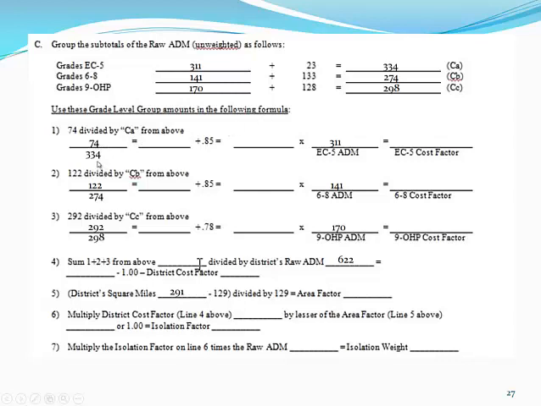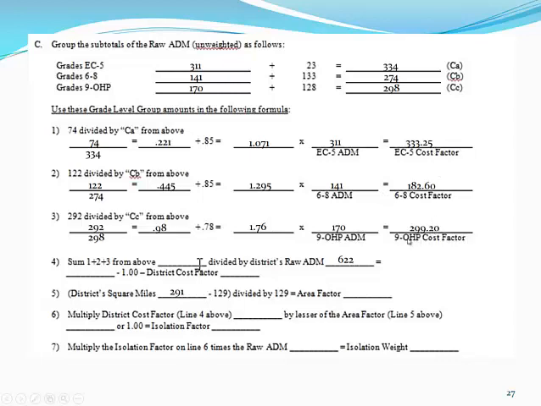So 74 divided by 334. 122 divided by 274, 292 divided by 298, we get these decimals. We're going to add some more decimals to them. Then we're going to multiply by our numbers. And we have cost factors now.